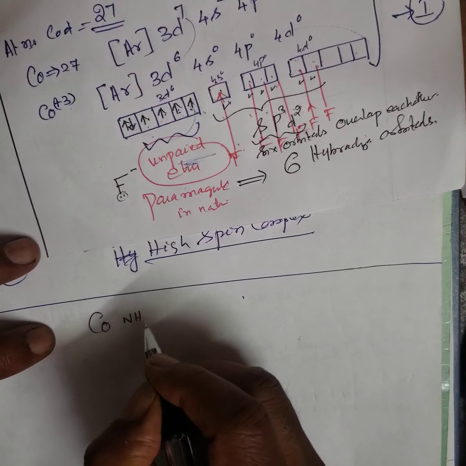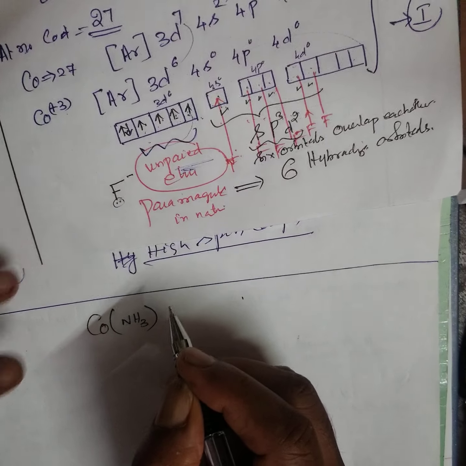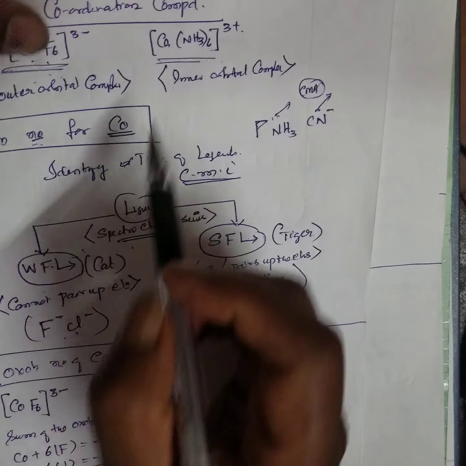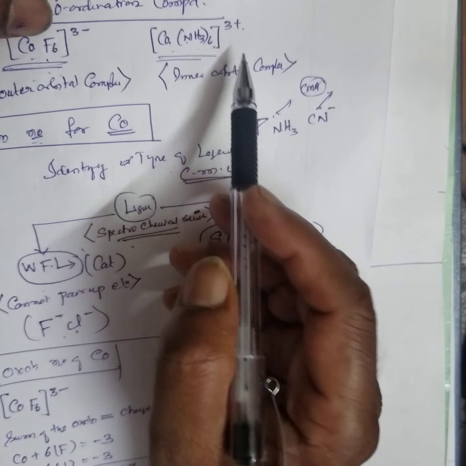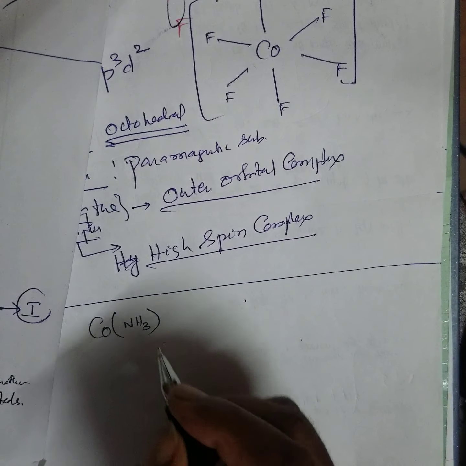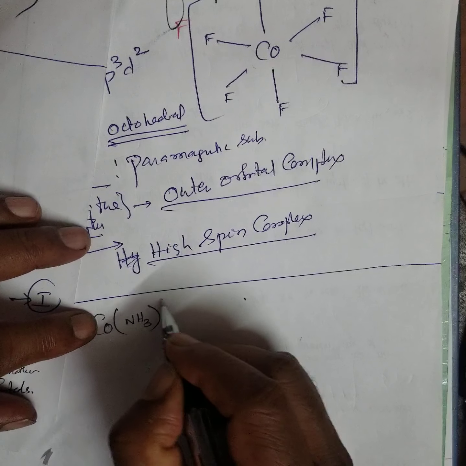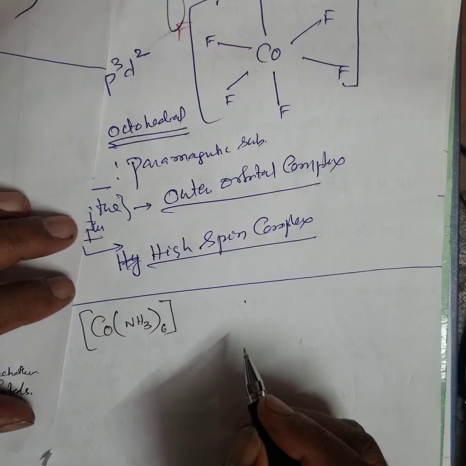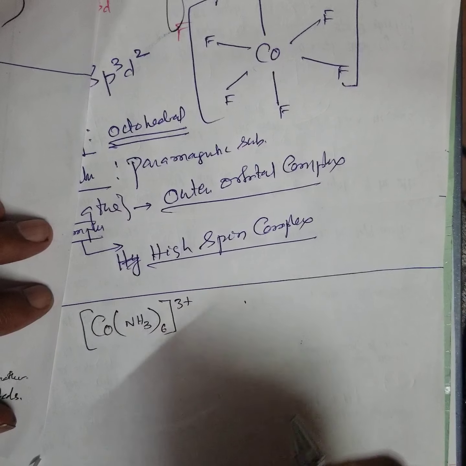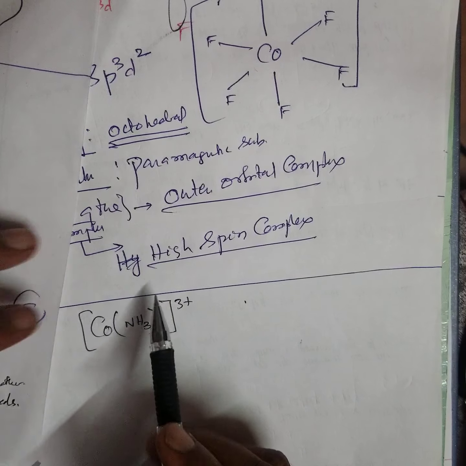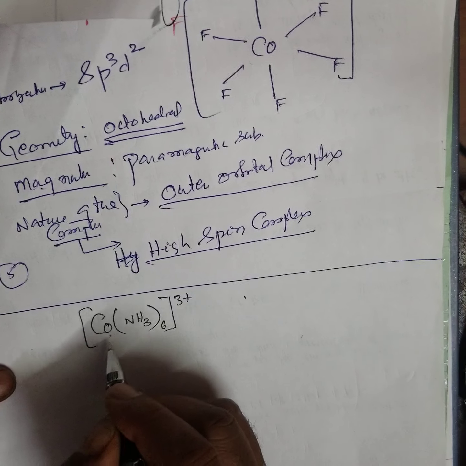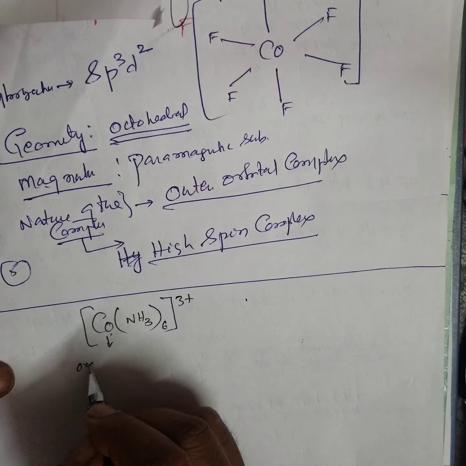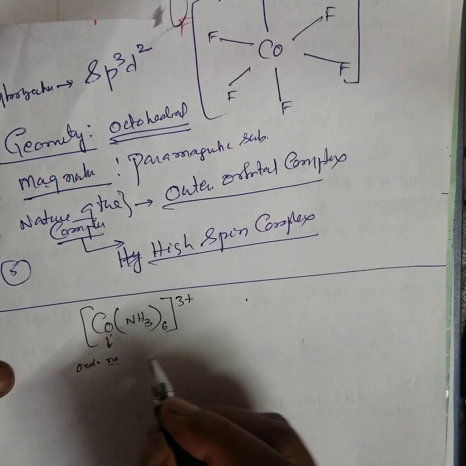See, next I am going to try cobalt hexaammine. Therefore, for this complex, let us see. First, we find out the oxidation number. What is the oxidation number of the cobalt?